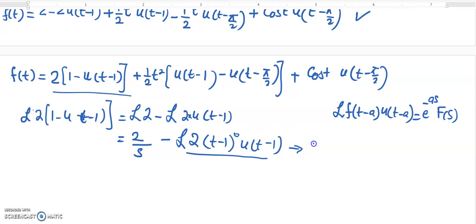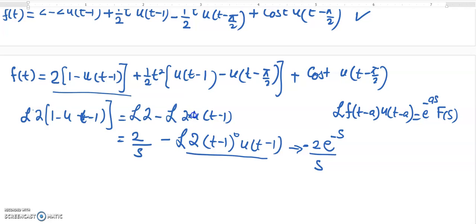So it is 2 over s, the Laplace transform of this, multiplied by e power minus as, and a is equal to 1, so it will be e power minus s. So the second term's Laplace transform will be this. So we have found the Laplace transform of this term. I hope it is understandable.